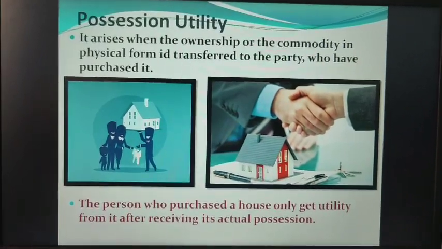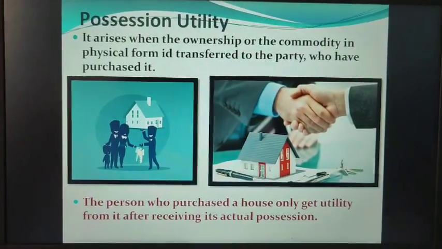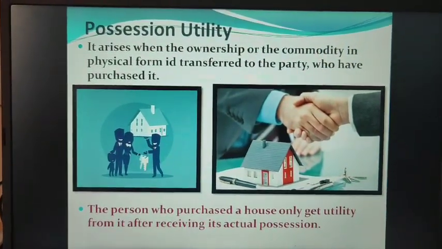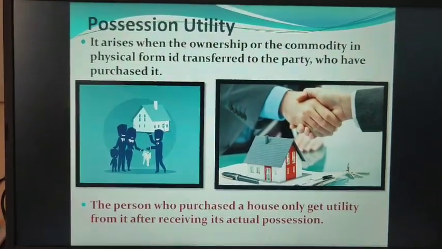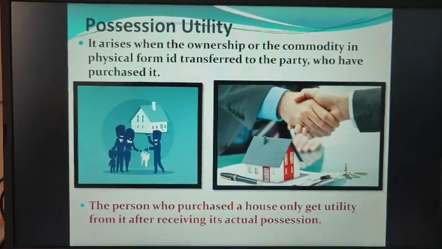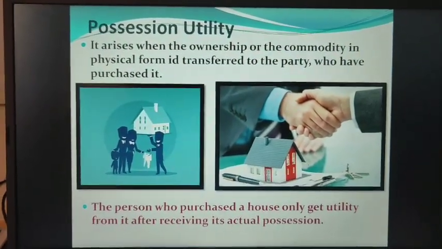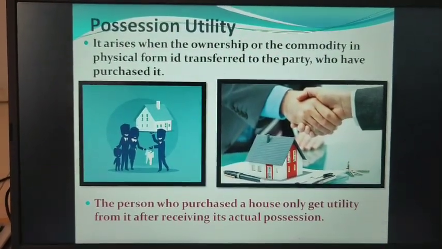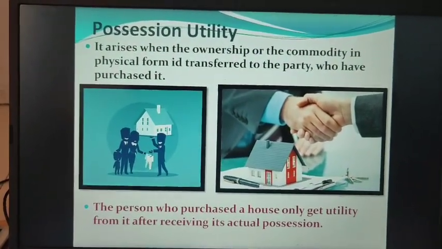Tomorrow in the next session our discussion will be on total utility and marginal utility. It is a very important point to know what is total utility and what is marginal utility. Why? Because the next overall discussion is based on only those two concepts, right?